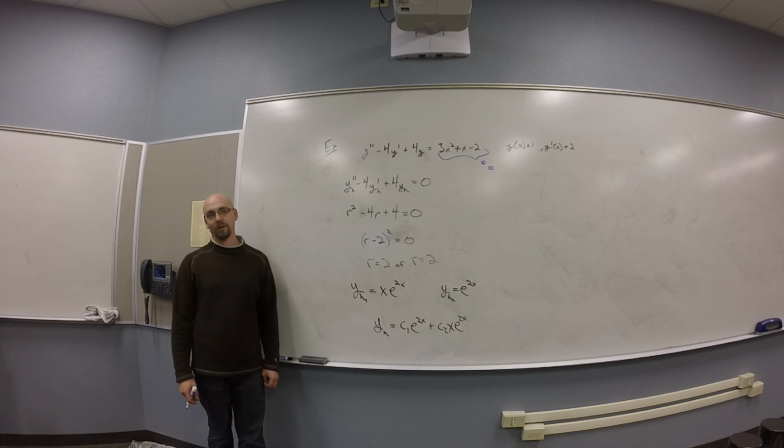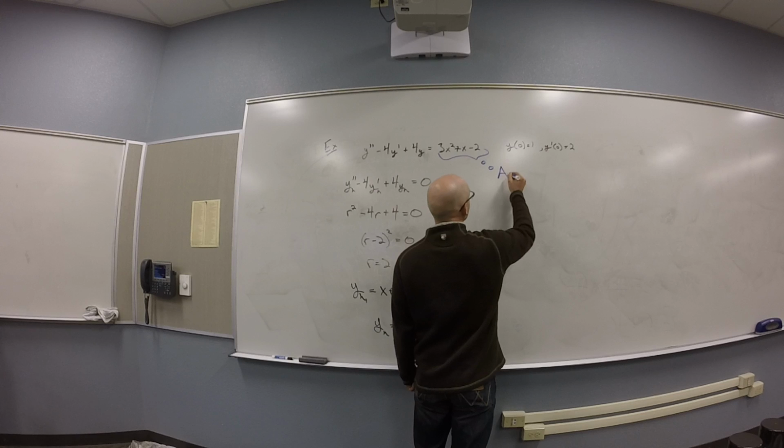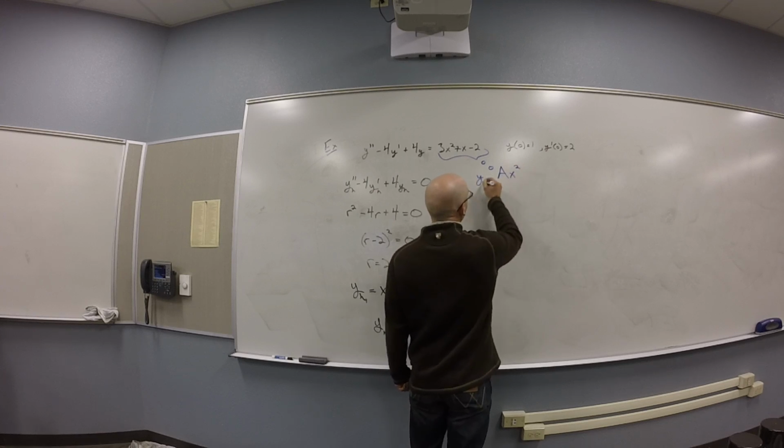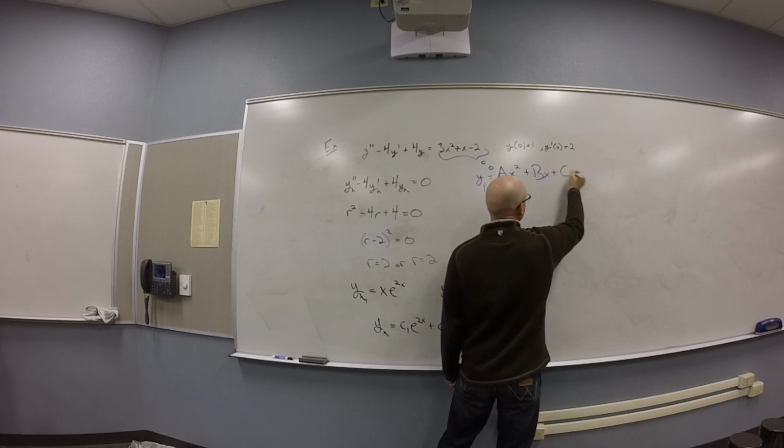Still quadratic. Yeah, I think you want to guess a quadratic still. Does that make sense? Okay, so I'm going to guess yp is ax squared plus bx plus c.